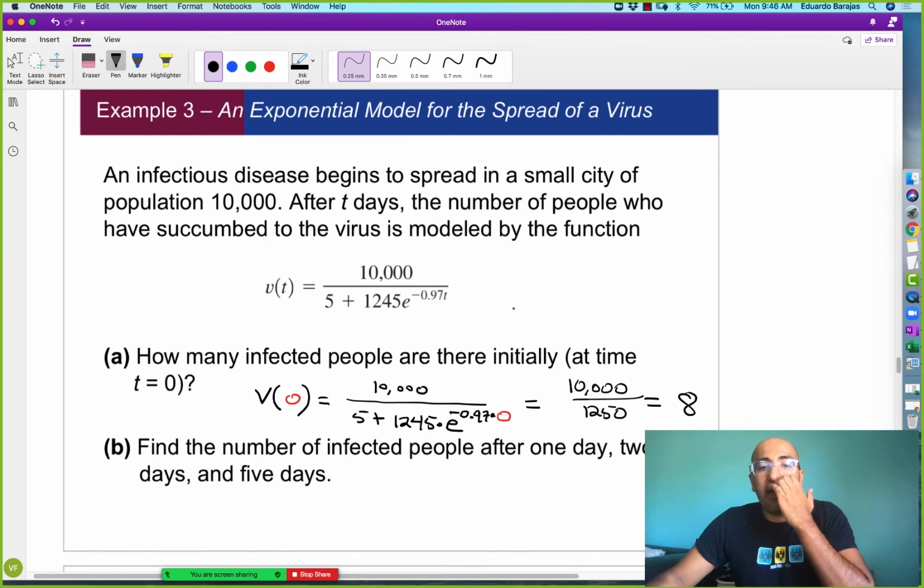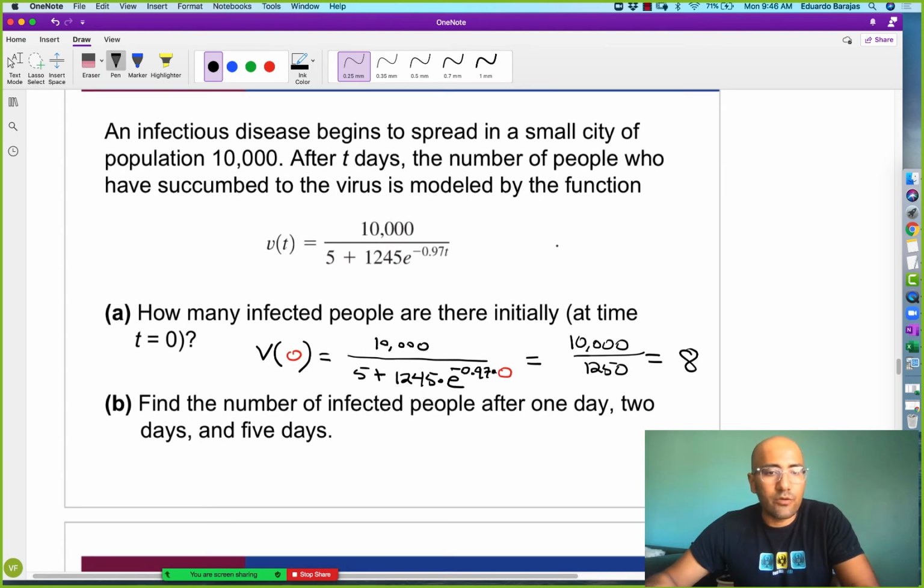So according to this model, at time equals 0, at the very beginning, there are 8 infected people in this population of 10,000. And then, of course, they're going to begin to infect others, and then the people they infect go on to infect others, and so it begins to grow exponentially, right? It's a pretty popular phrase, exponential growth.